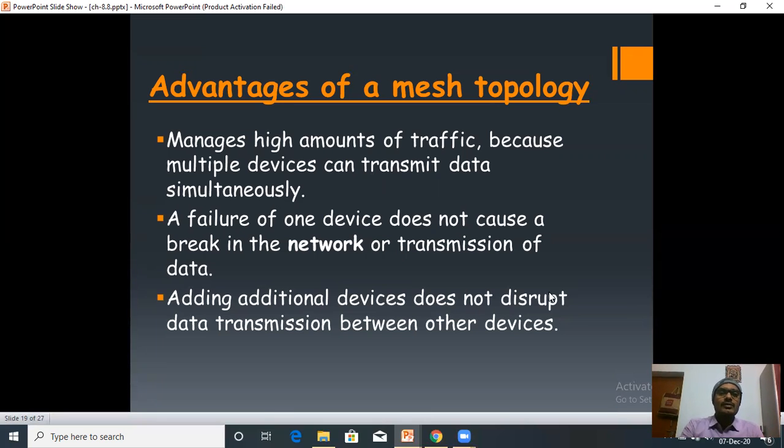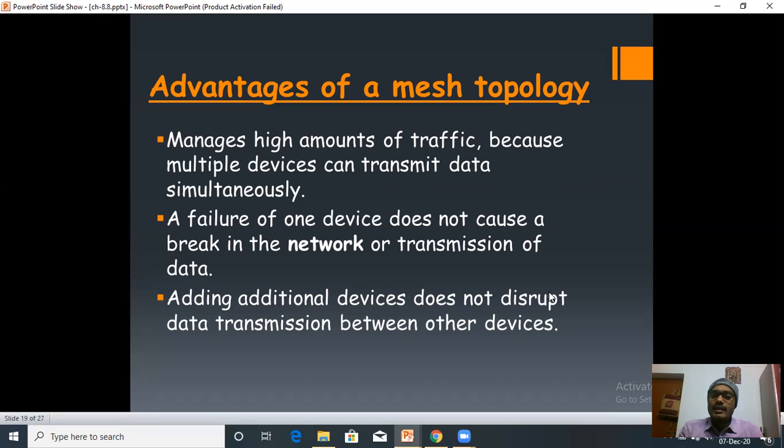Now, coming to the advantages of mesh topology, it manages high amounts of traffic because multiple devices can transmit data simultaneously. Simultaneously means all are transmitting data at the same time.